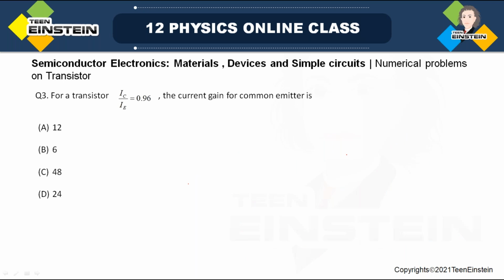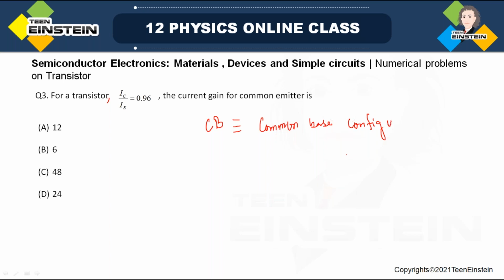So here also, this is for a transistor, IC by IE. Actually, this is common base configuration.